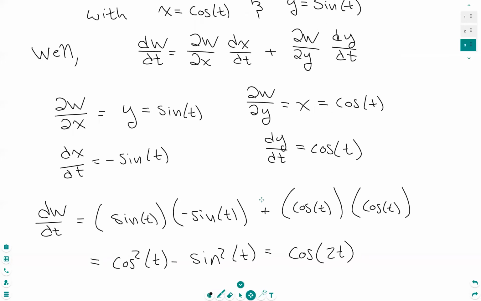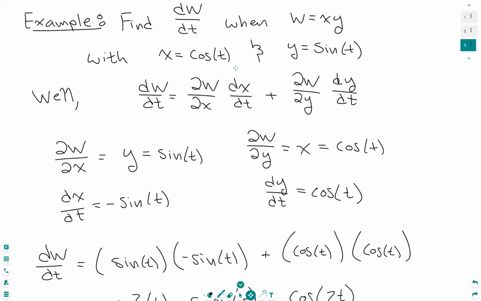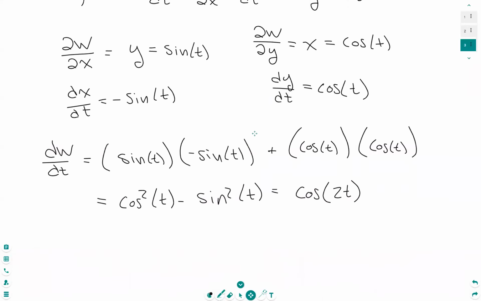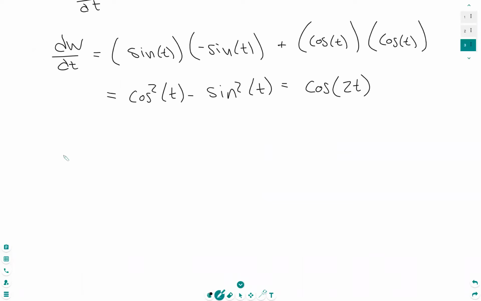So you might be thinking, why did I go through all this trouble if I could have just plugged in the representation of x into my function w, right? So w is equal to x times y. So couldn't that just be cosine of t times sine of t? You're right. You could definitely do that. In fact, let's do that now. Does this actually work out? Well, w is equal to x times y, which is equal to cosine of t sine of t.